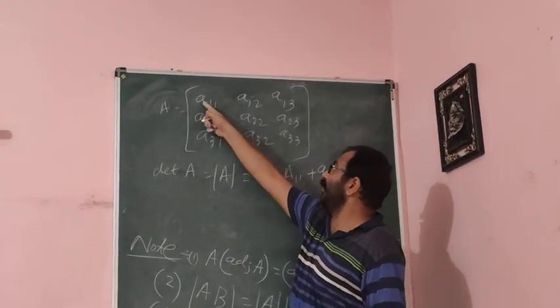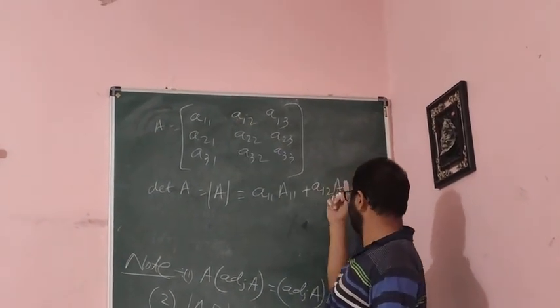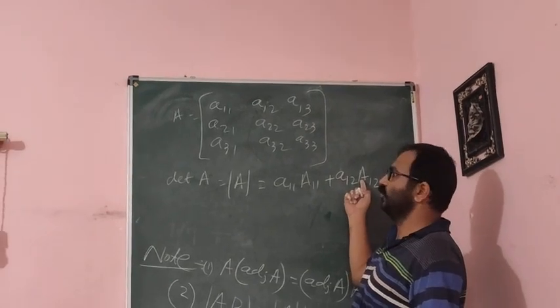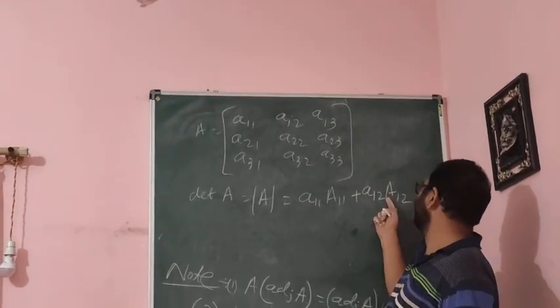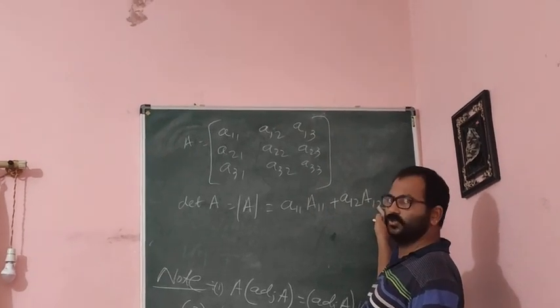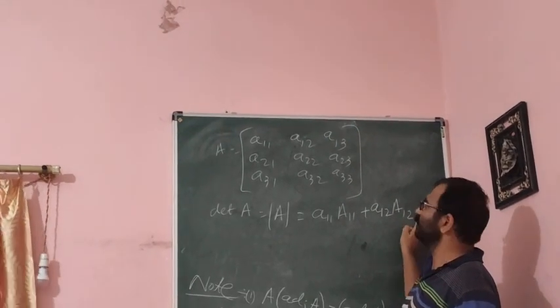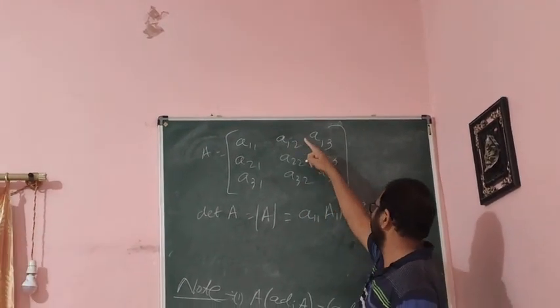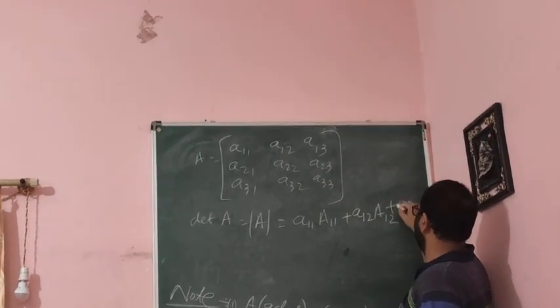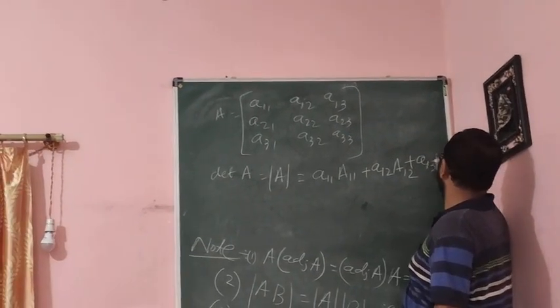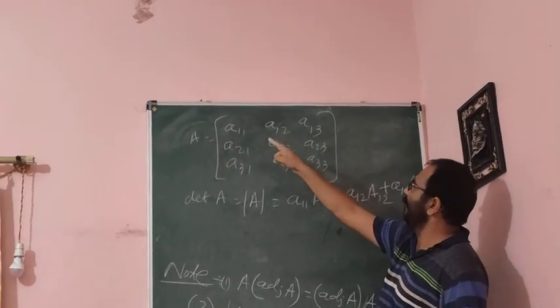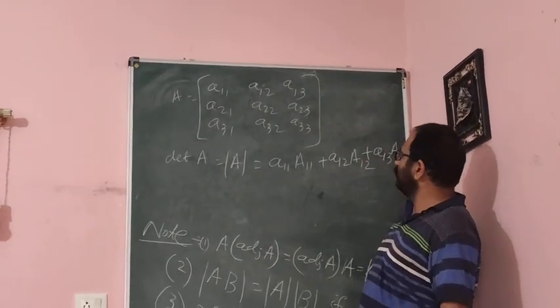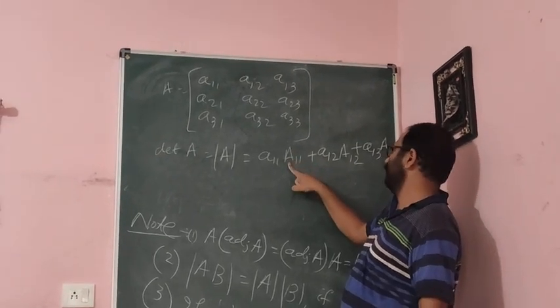Because we are taking plus here and minus there, the minus comes from here. Actually, it is the cofactor. The cofactor formula is minus 1 to the power i plus j. So minus 1 to the power 1 plus 2 is minus 1 to the power 3, which is negative. So we take negative here, but here again positive. Plus a13 into capital A13, meaning we consider the elements of any row into the corresponding cofactors and find the sum.